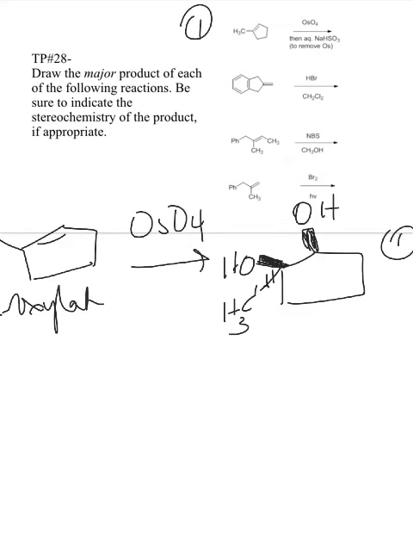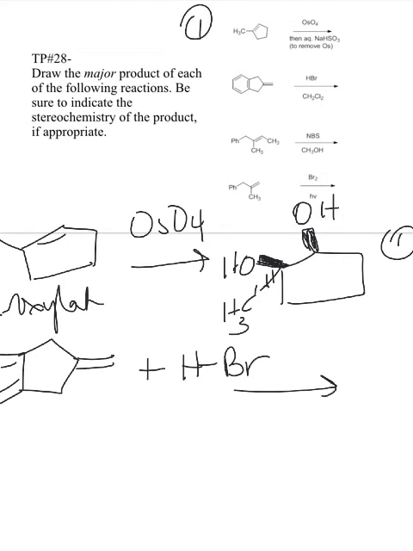Number 2, you have another alkene. Now, this benzene is not. We're going to deal with that in chapter 16. And you're doing HBr. Dichloromethane is just your solvent.